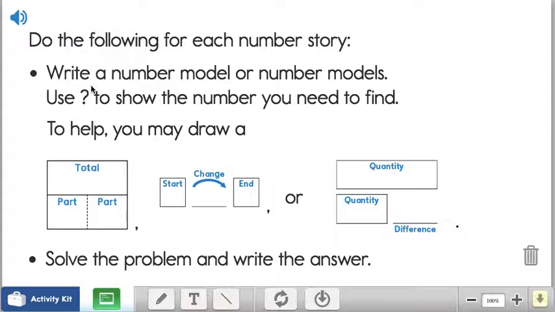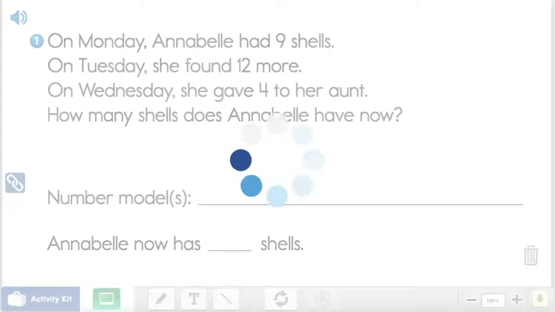The most important thing that some of us sometimes forget is this question mark. This question mark tells us that we are going to find the answer, that's what we are looking for. So today we're going to do some practice with some two-step number stories.